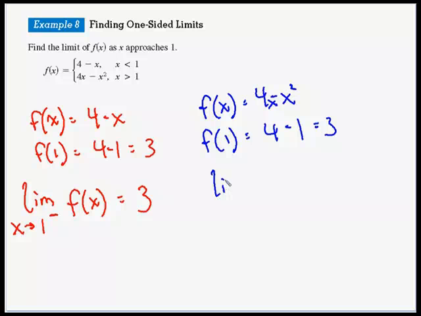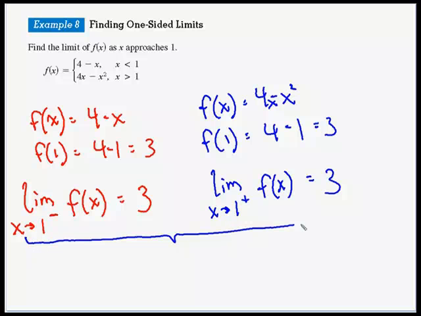So the limit as x approaches 1 from the right side, from the plus side, of our function f of x is also equal to 3. And now we can combine this. Because our left-hand limit is 3 and our right-hand limit is 3, we can write with great confidence the limit as x approaches 1 of f of x is equal to 3.